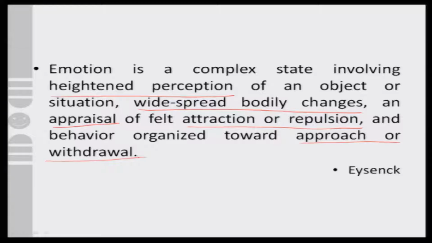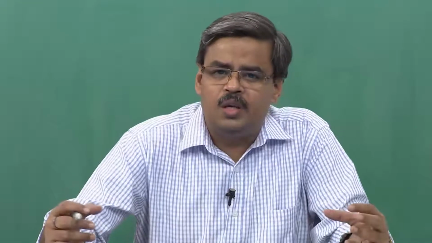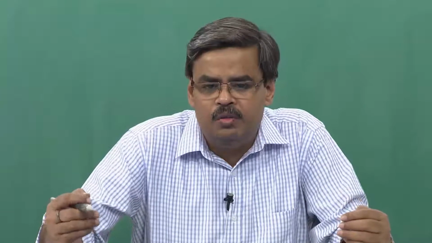So, you can understand that perception has to be heightened, the body will undergo certain changes, you will go for an appraisal mechanism, you will think about why whatever is happening is happening, what it means, how relevant and how significant that is.